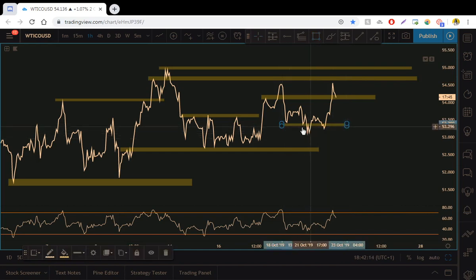You can see tap tap, a wash below, and then obviously you get the floor of that.